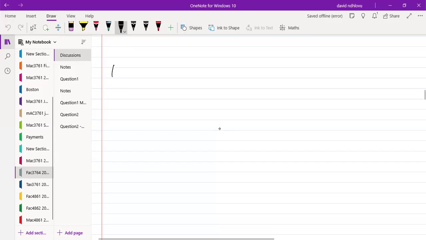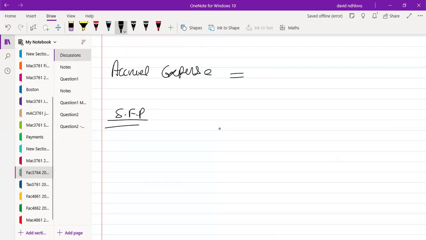For example, if you have an accrued expense, remember in the statement of financial position, an accrued expense represents a liability. So as part of your liabilities, which would be current liabilities here, you will have accrual with a value of 50,000.